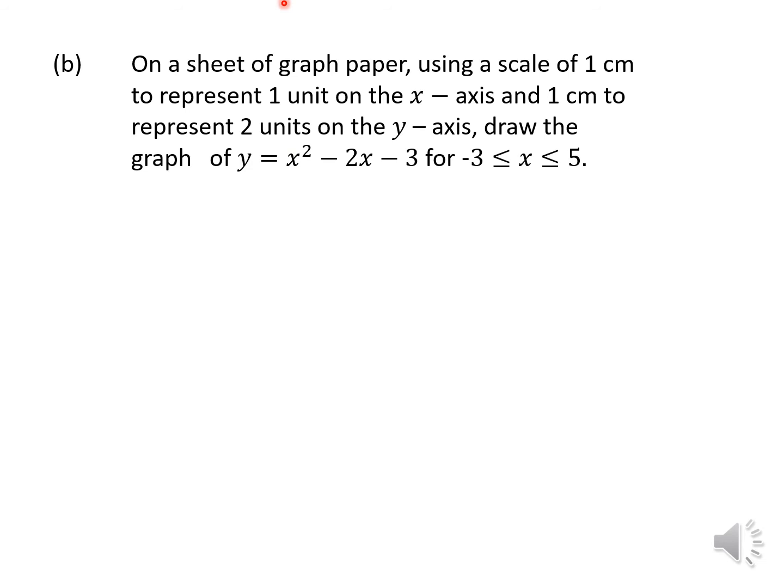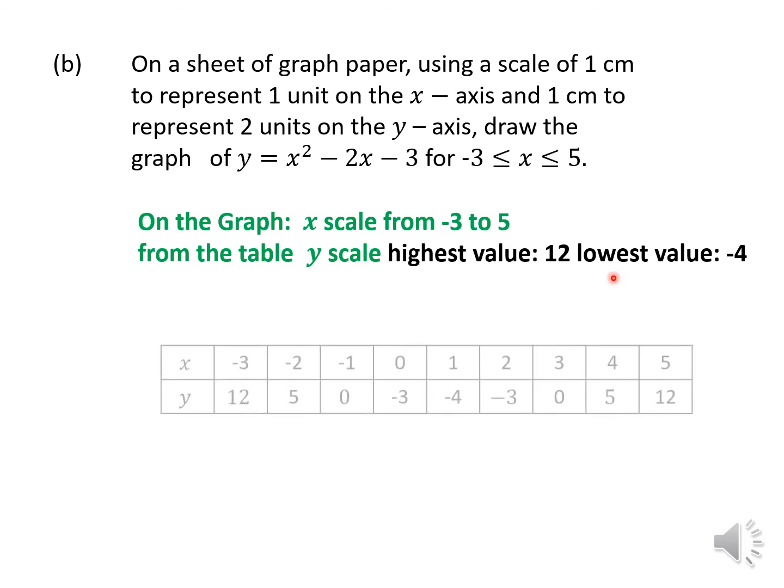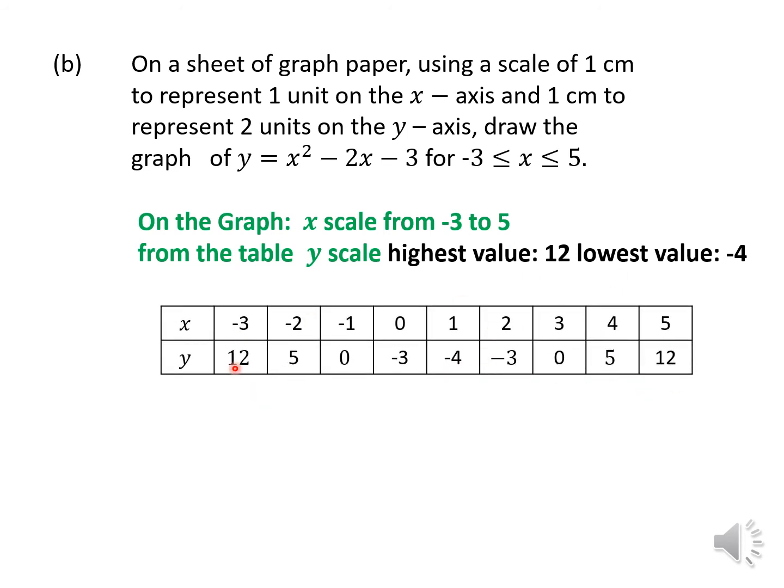But how low and how high up should your y-axis be? For me to know that, I know that my x will be from -3 to 5, but the highest value comes from my table. When I look at my table, I can see the highest value of y is 12, so I expect to go all the way up to 12 when I draw my graph. And the lowest value I can see from my table is -4.